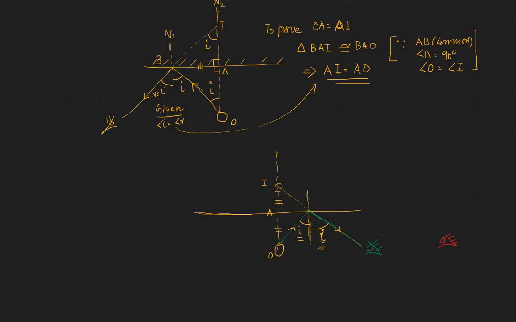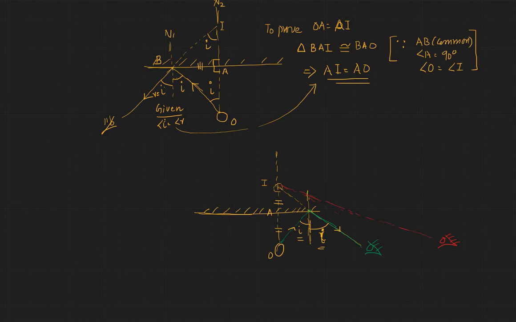And for the red, let's assume this mirror is not this long, and let's say it's a short mirror. So here we see that there should have been a ray which should have come to the eye from there, but no such ray can come because there is no mirror here. By the way, I should have indicated this as a mirror. So since there is no mirror, there is no such ray.